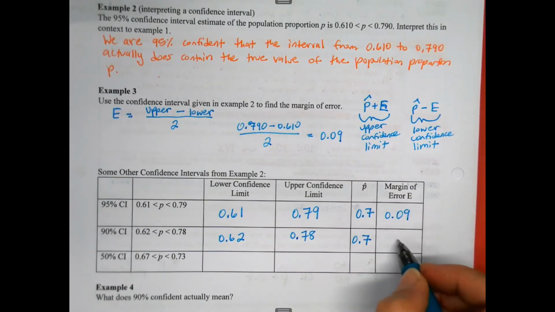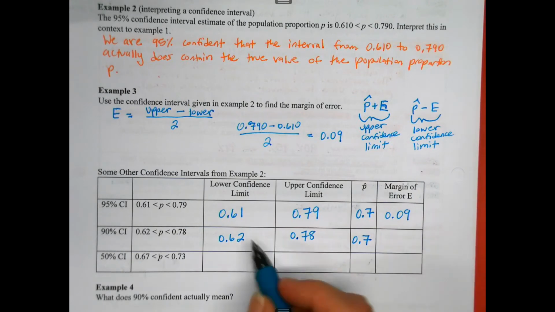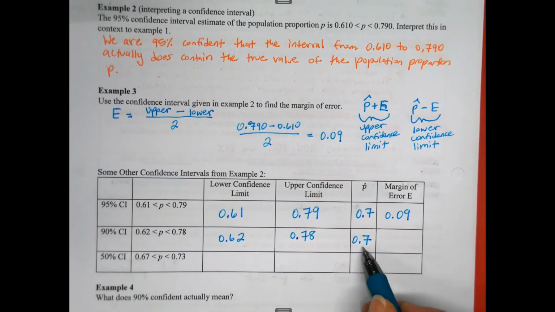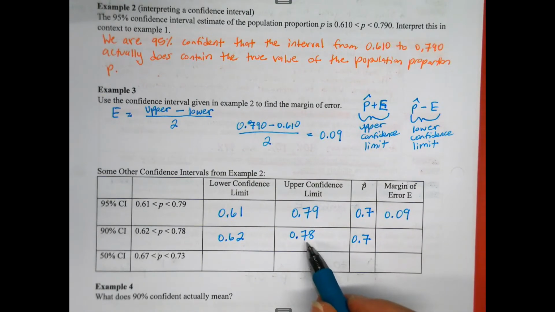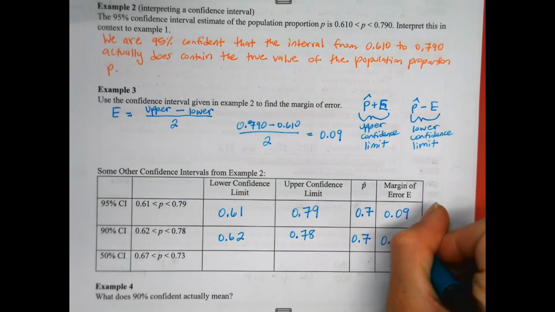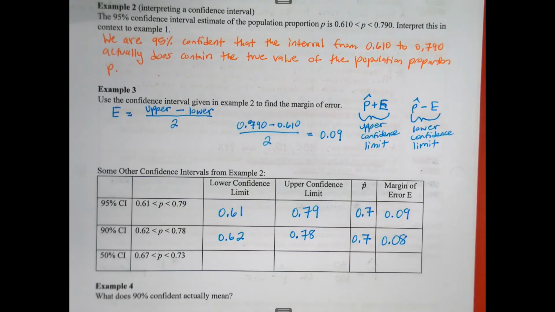The way to find the margin of error would either be to subtract these two and divide by 2, or since we know P hat, it's how far we are away from each of the ends, essentially. So 0.78 minus 0.62 divided by 2 leaves us with 0.08.